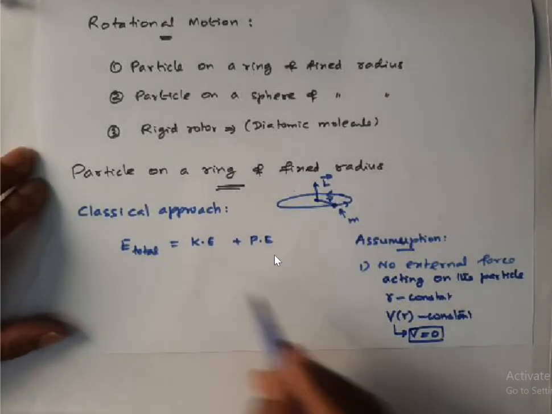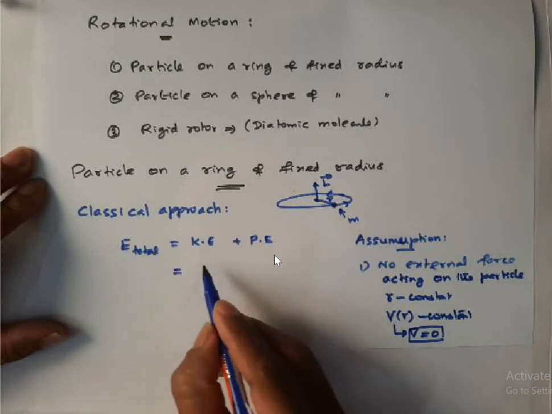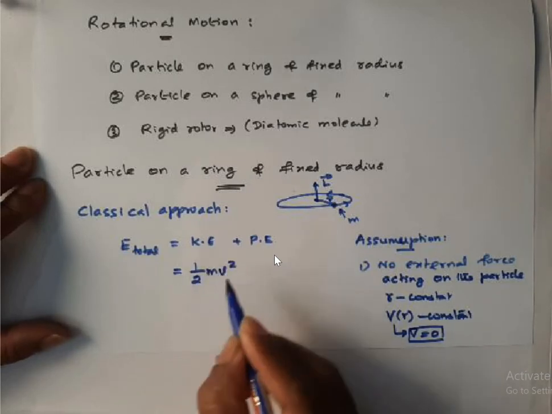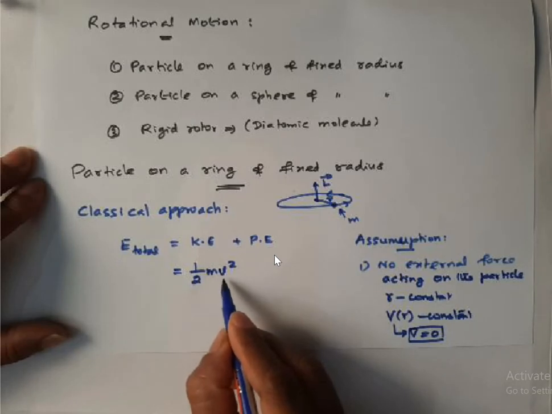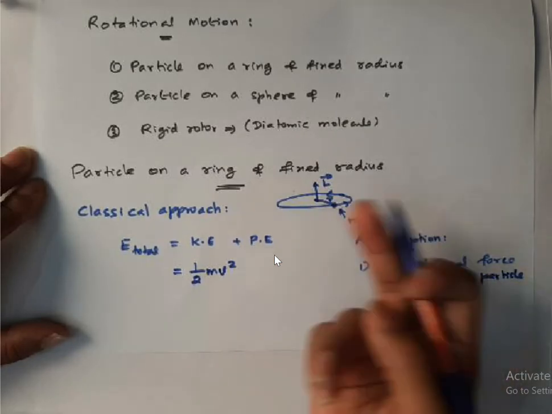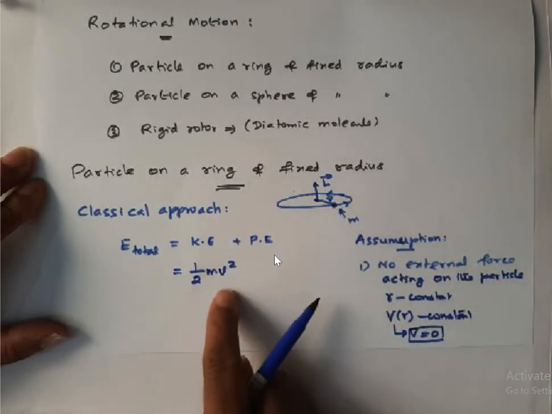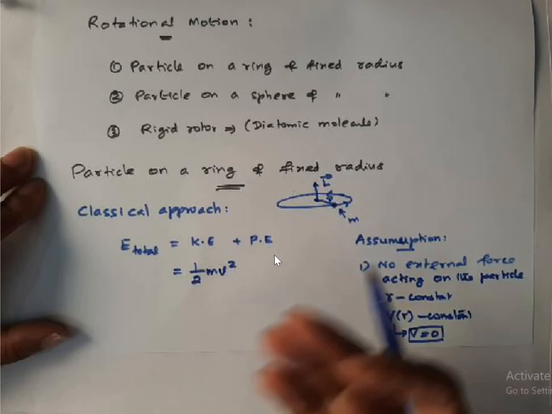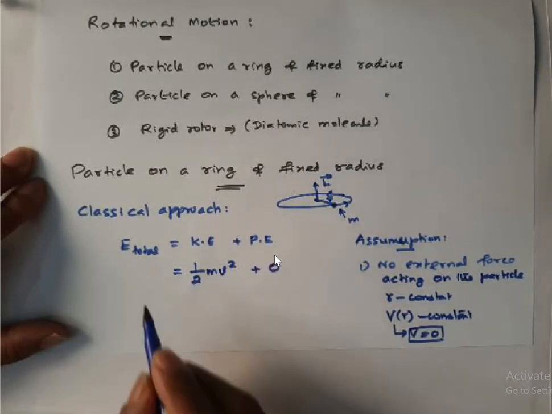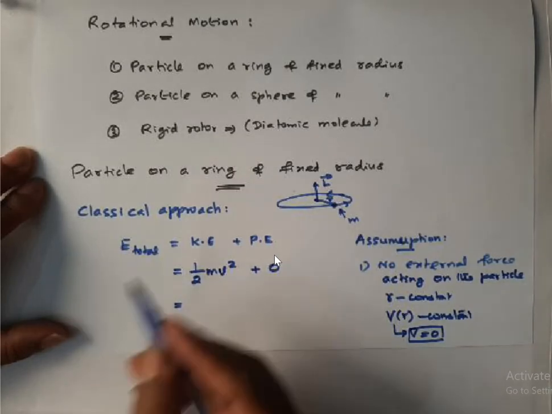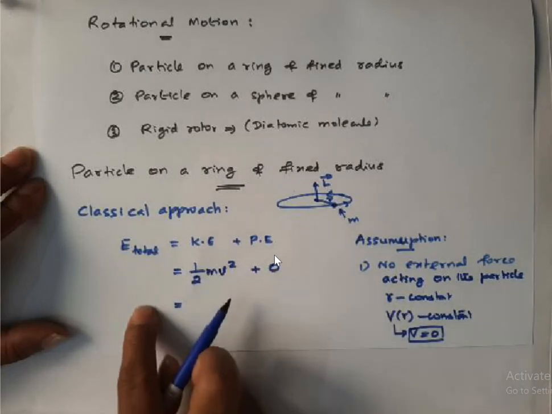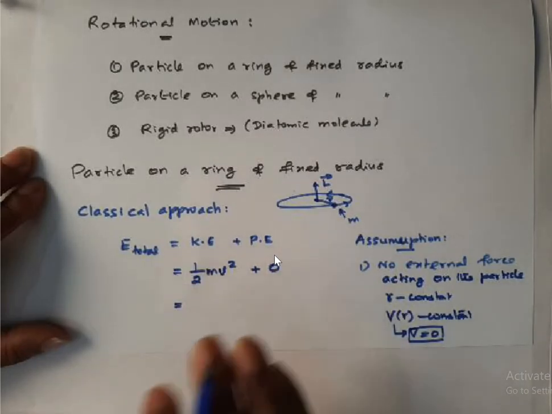So what is kinetic energy? Kinetic energy is half mv square. Let us first write kinetic energy in terms of linear velocity. Then since the particle is moving on a ring, we can change this linear velocity into angular velocity, and potential energy is assumed to be 0 in this case. Therefore the total energy is nothing but rotational kinetic energy.